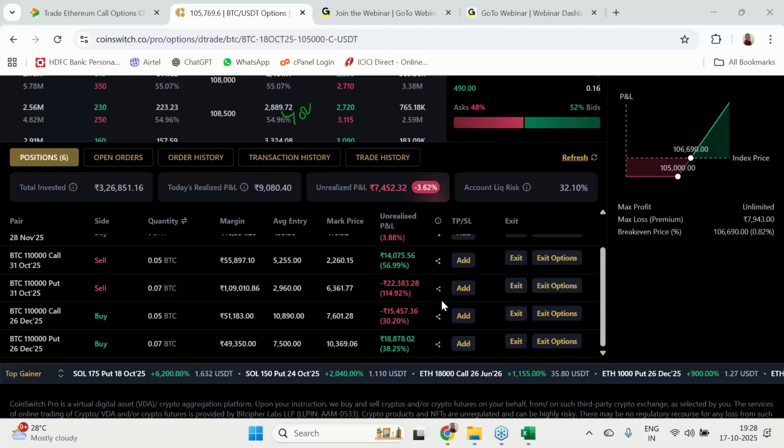However, this combination for the Bitcoin is still negative. Time is there, it has not penetrated to that zone. Once the zone is penetrated, delta will create havoc, so we need to close and book the losses. However, that situation has not come, so we have to still wait for the better days to come. However, by October 31st, if Bitcoin is coming to 1,10,000 range, this will go to a great.